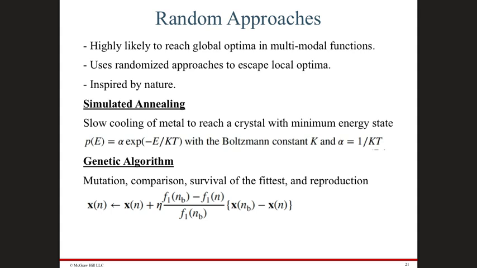Why is this desired? Because this is a stable condition. It becomes very hard to disconnect or deform the crystal if it reaches that minimal energy level. That's the most stable level.